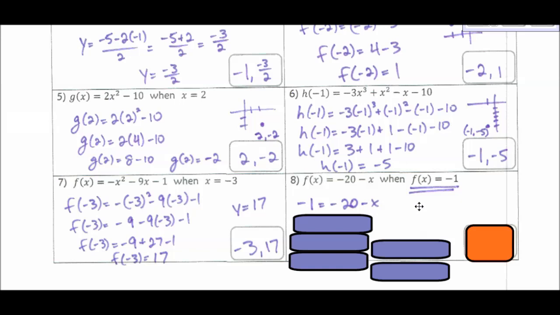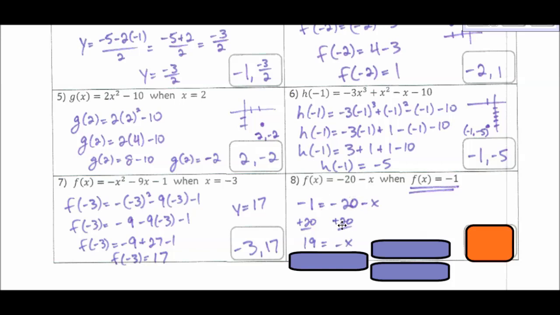So I'm no longer following PEMDAS. I'm not following order of operations at all. I'm trying to solve for this x. I'm trying to get the x by itself now. So I got to get rid of this -20 first. I'm going to cancel that out by adding 20 to both sides. That would give me 19 on the left side, and that negative sign or minus sign is stuck on that x, so it's still attached there, but the -20 went away.